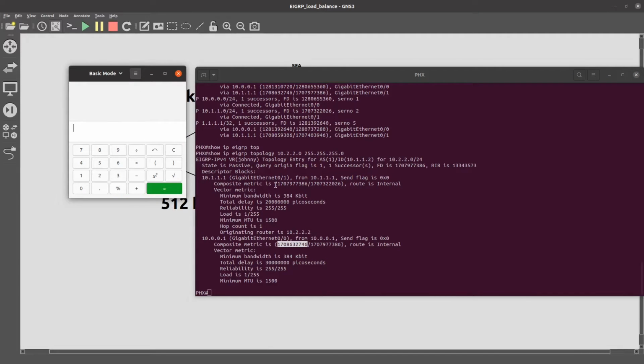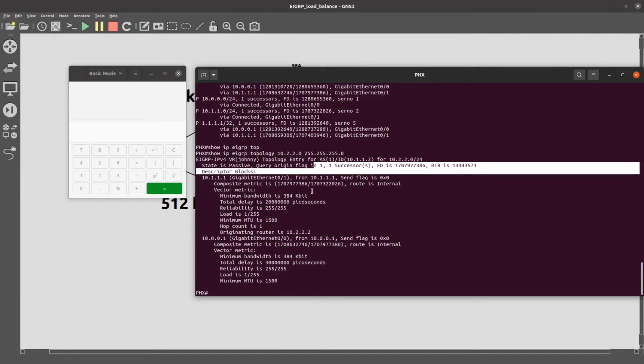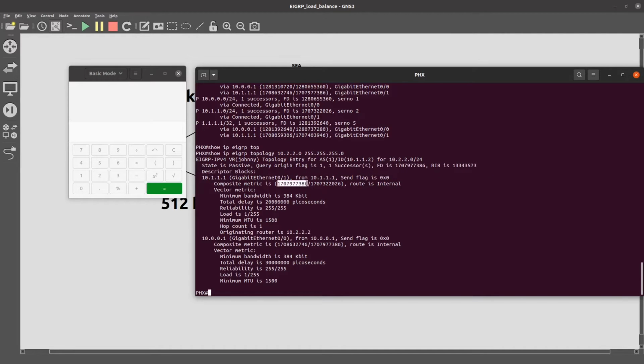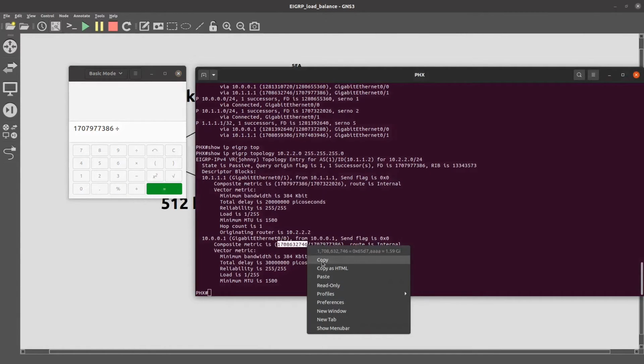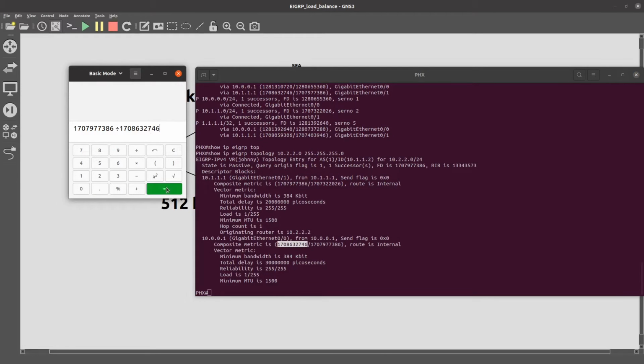Alright. So this is our successor route. As we can see here, one successor. So we're going to take its feasible distance, put it in our calculator, then we're going to divide it by this one's feasible distance. And we get 1. Okay.